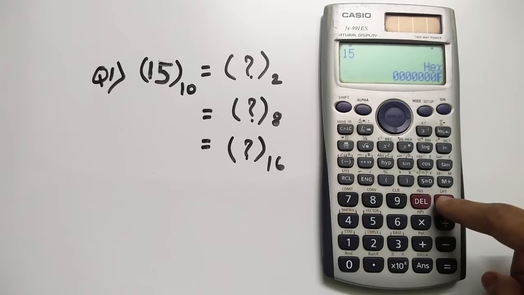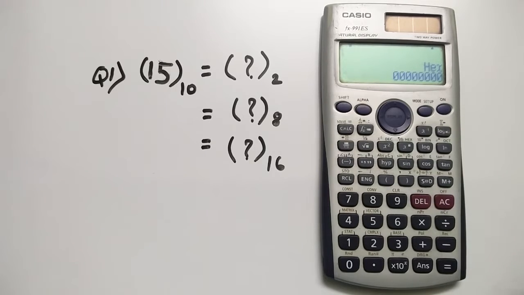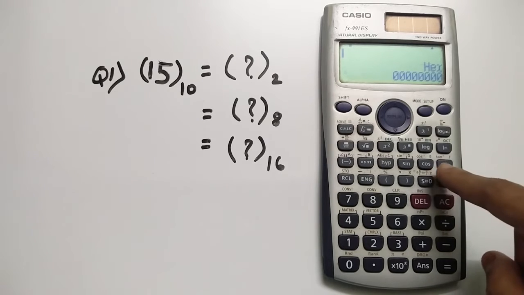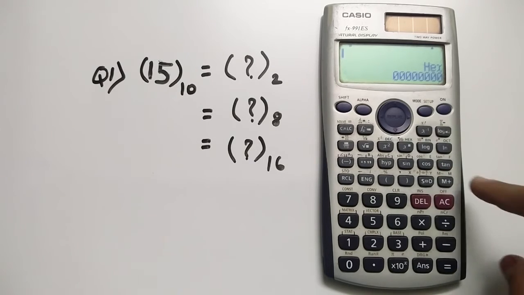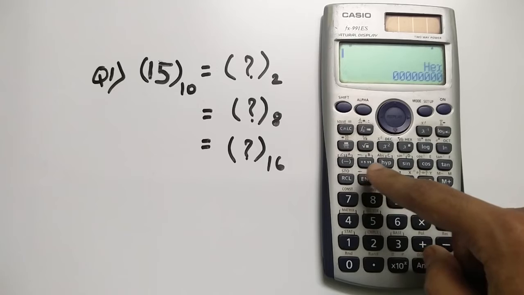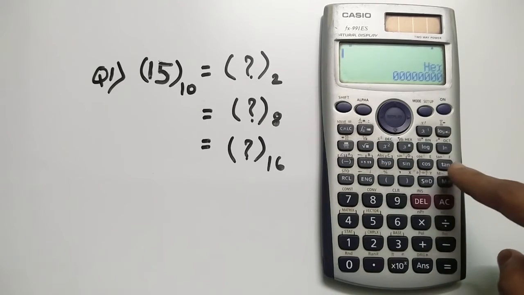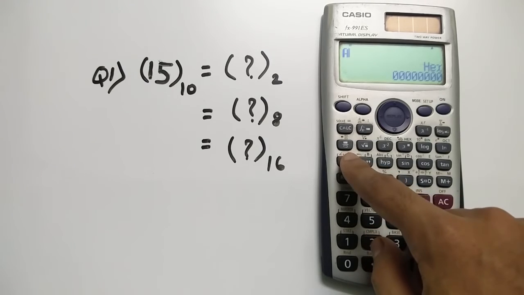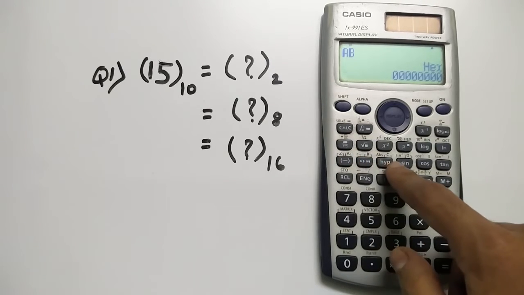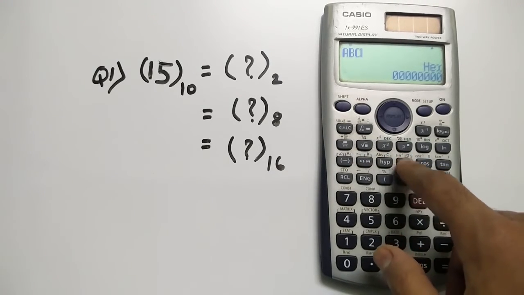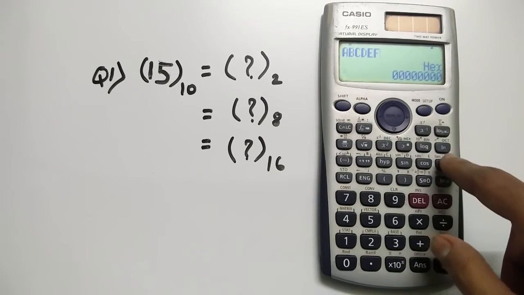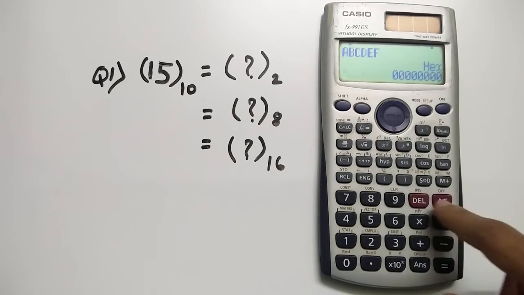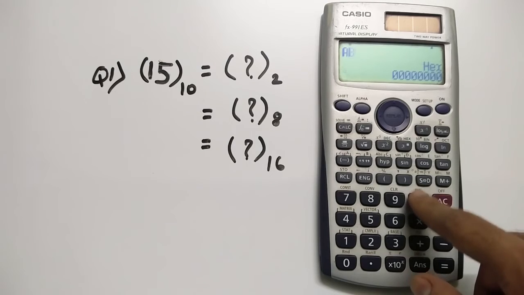So if you want to actually change a hexadecimal value, for example, I'll type in F, and you can see the values of A to F in these buttons. Starting from here, this is A, this is B, this is C, this is D, E, F. So let me just clear them out.